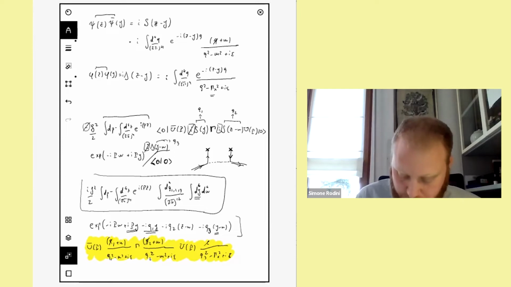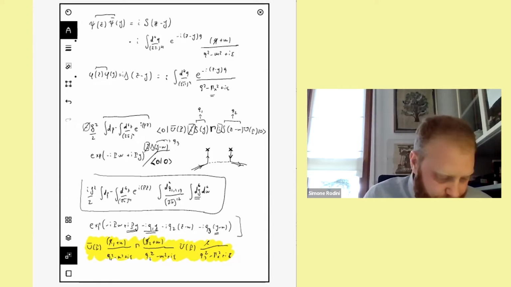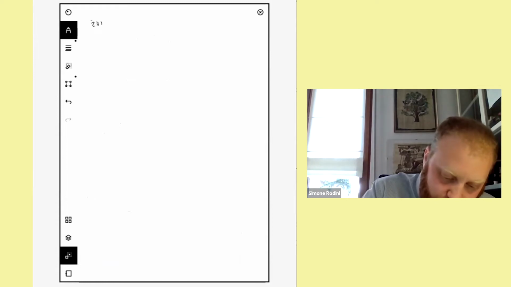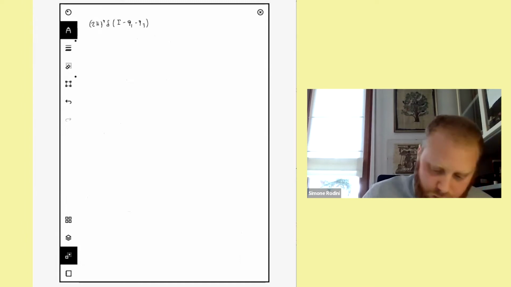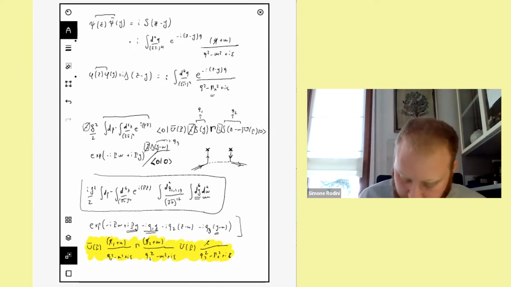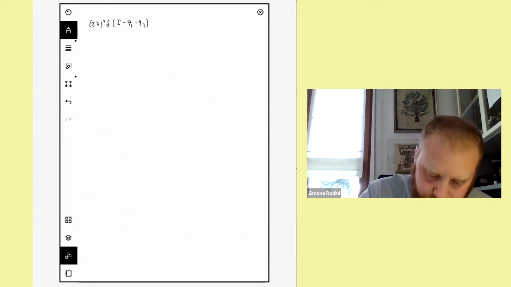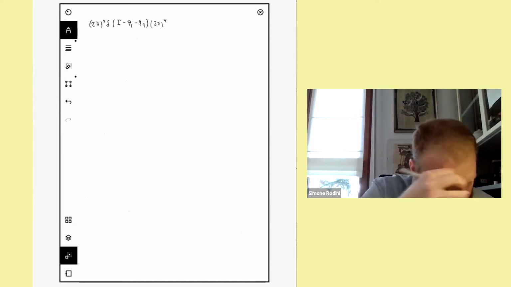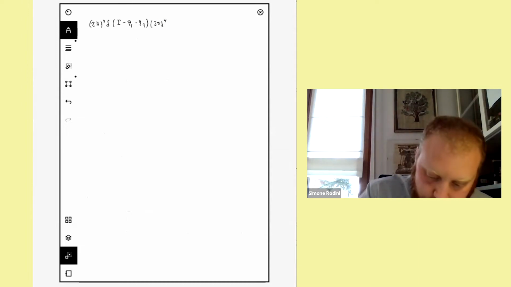As the integral over y goes, you get (2π)^4 the delta of P minus q1 minus q3. Then the integral over w gives you q2, but remember there is a minus sign, here q3 with a minus sign, and here P with a minus sign again. So you get (2π)^4 the delta of minus P plus q2 plus q3.